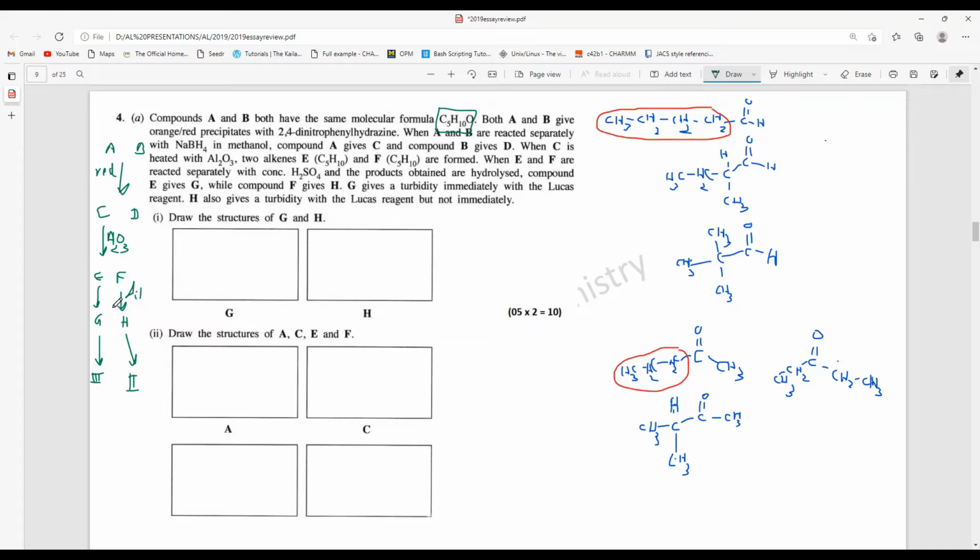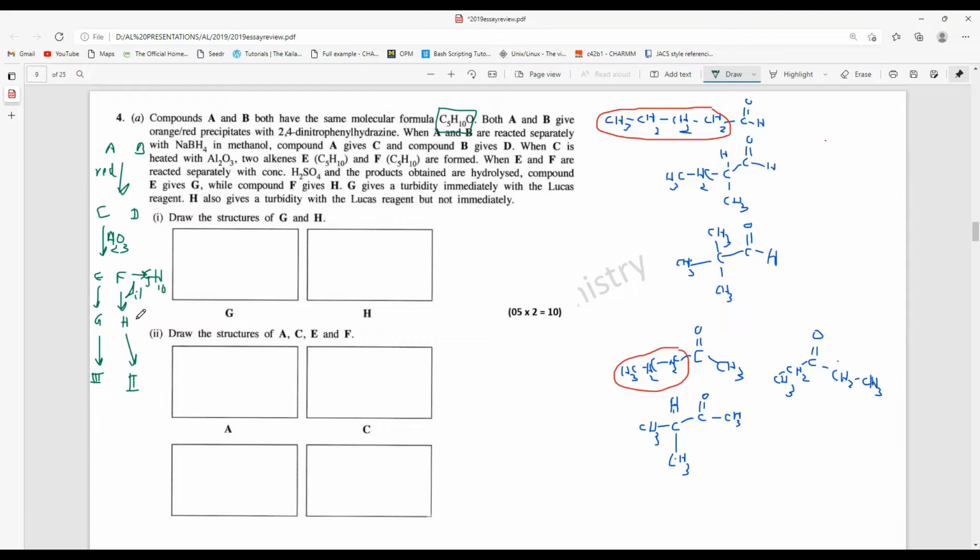So automatically you should understand here E and F are alkenes that have the same molecular formula C5H10. When you hydrolyze this one, water molecule is added, right?